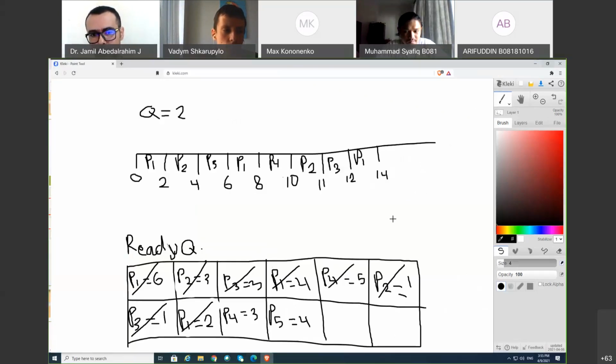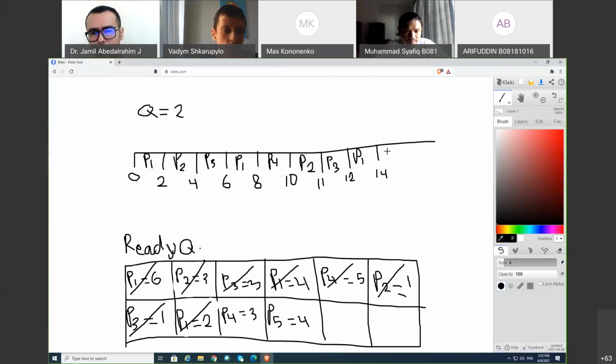Then P4 until 16, and write down into the table P4 equal 1. Excellent.